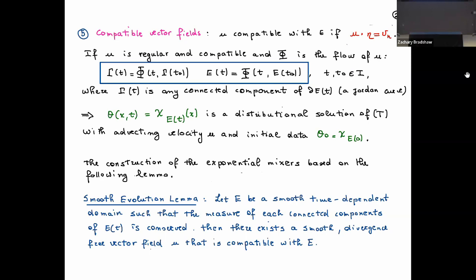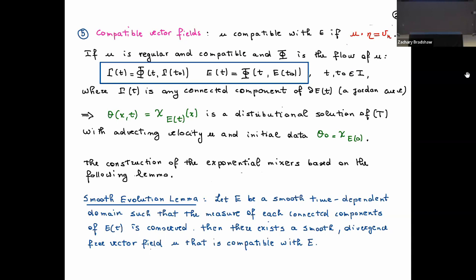The key point is that if you have compatibility, then if you take theta to be the characteristic function of the set E_t, then this exactly is the distributional solution of the transport equation with advective velocity U and initial data given by the characteristic function of the initial set. So you see, then we can construct a solution simply by constructing compatible vector fields given the evolution of this.